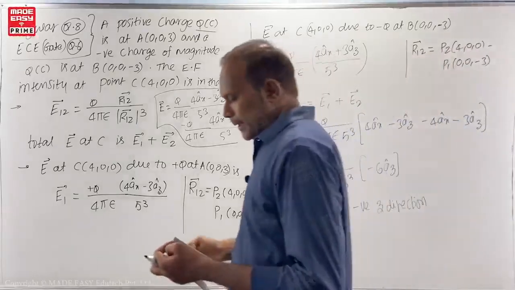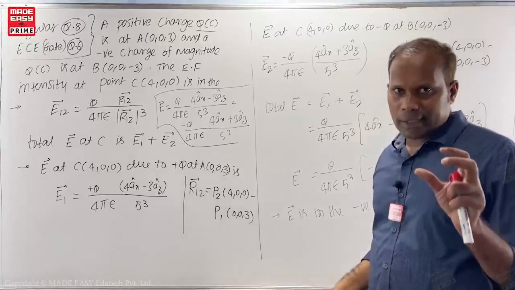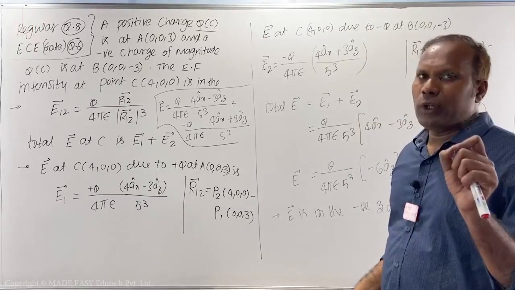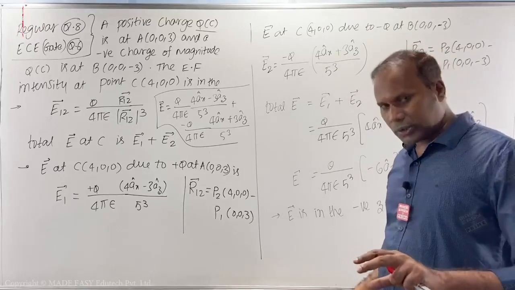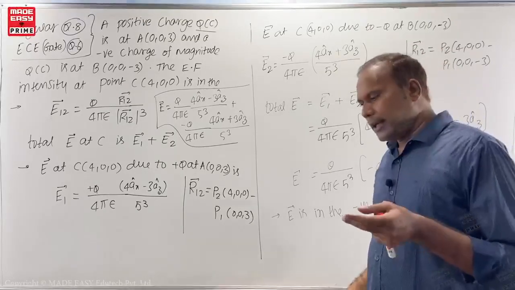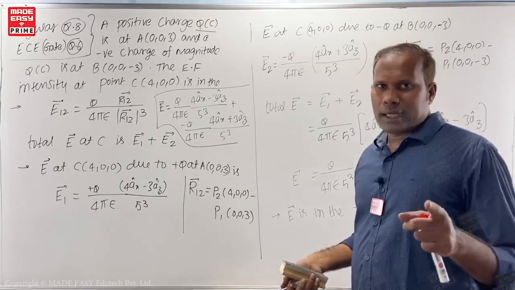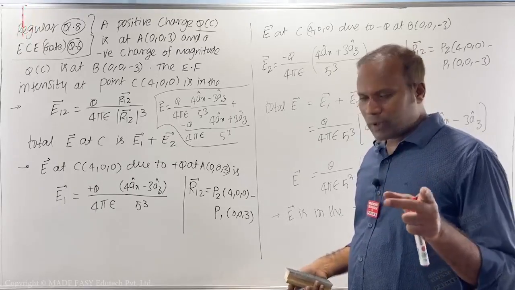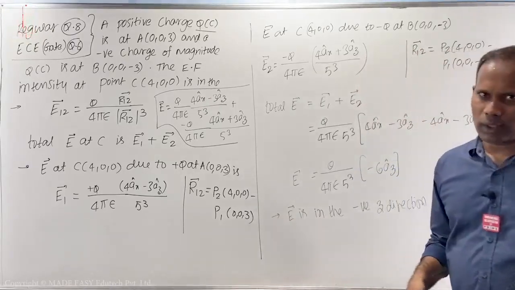In these methods, simply we give the source location and the electric field location. You subtract the source location from the electric field location, you get R12. Then the question solution is over.